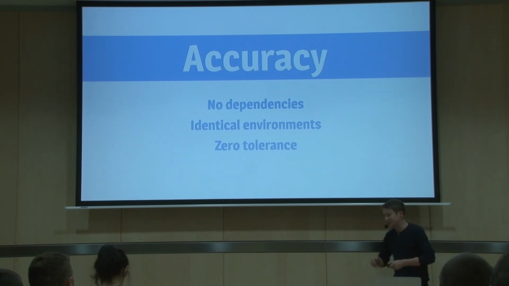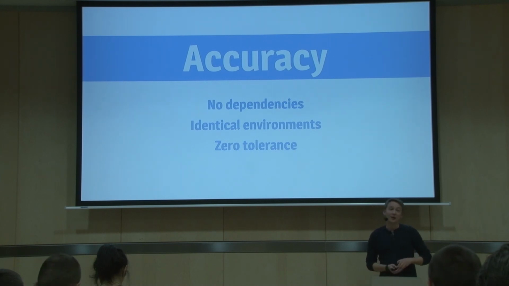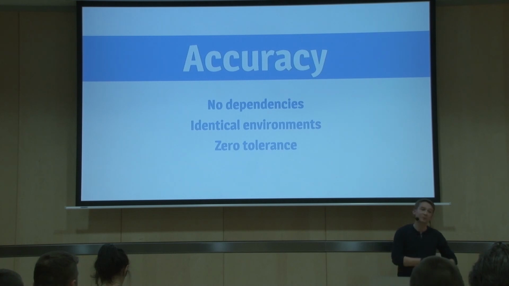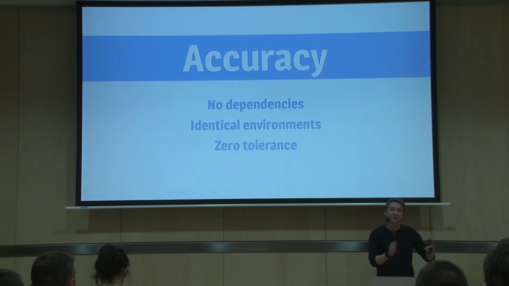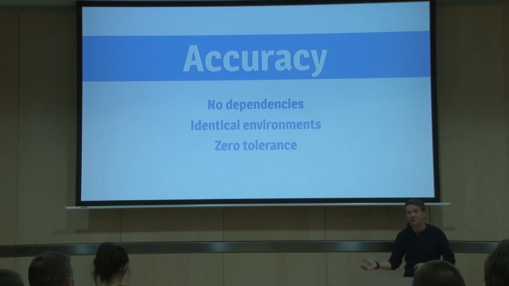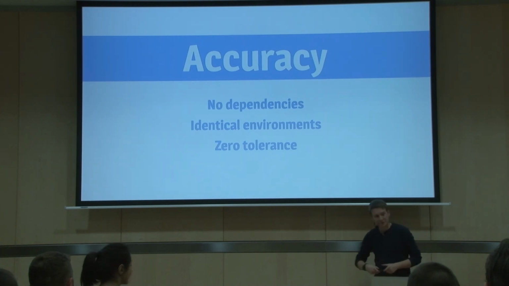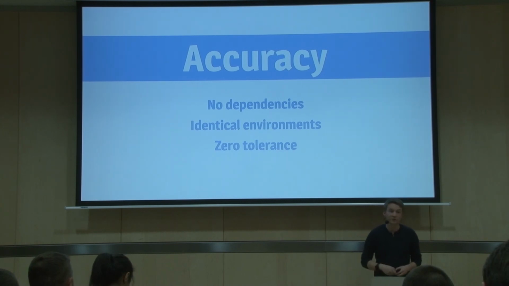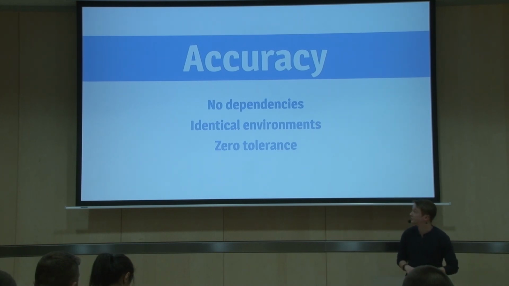We see lots of systems, again, where people have local Windows machines and Linux build servers and this kind of thing, and path separators are different, and the tests don't work properly on my machine, so I never run them on my machine. And you destroy all the confidence and so on in this. And if you can instead remove those dependencies and get everybody working in identical environments, so Vagrant and Docker and things really help with this kind of stuff, then you can move into a place where you can get this accuracy, this reproducible process of testing.